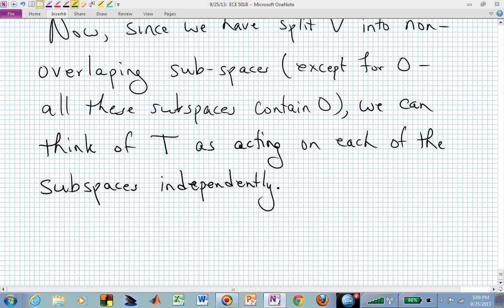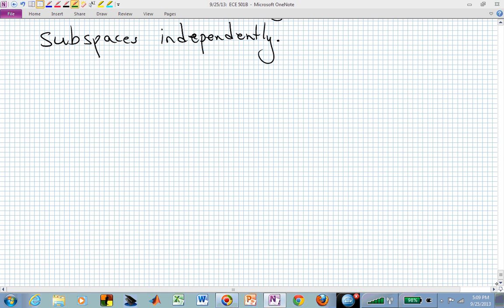In the book, the author, Axler, actually uses the following notation to indicate that we're restricting attention to one of these subspaces.